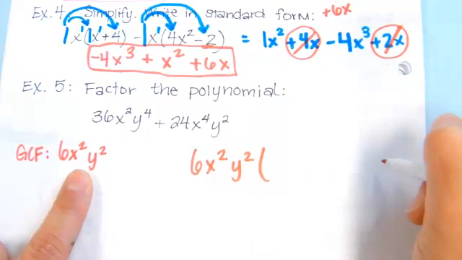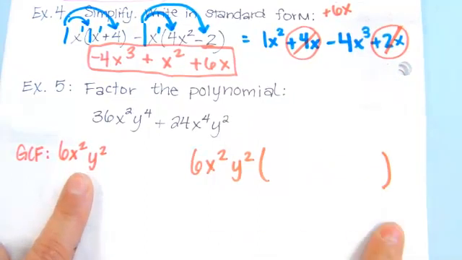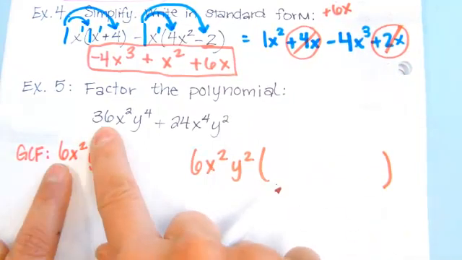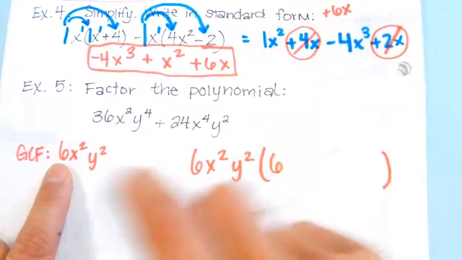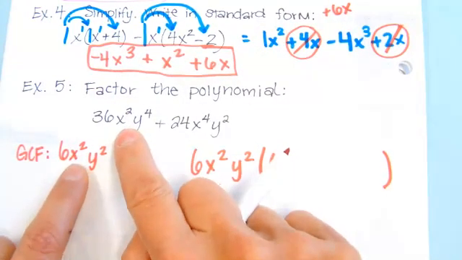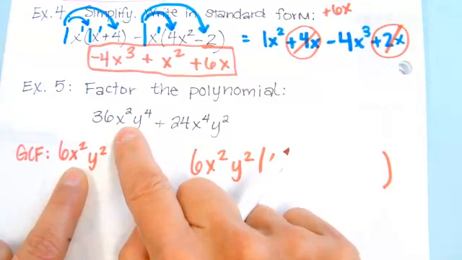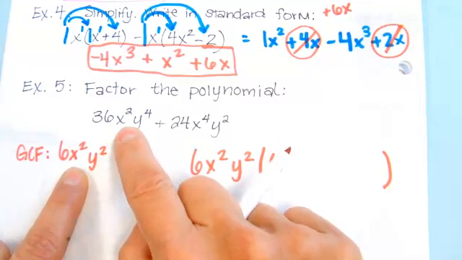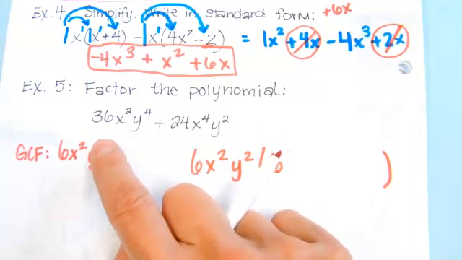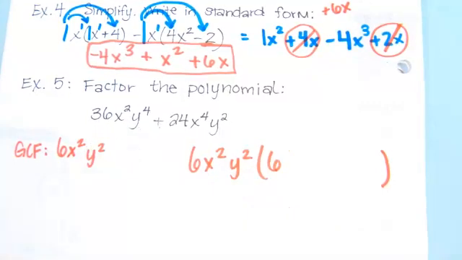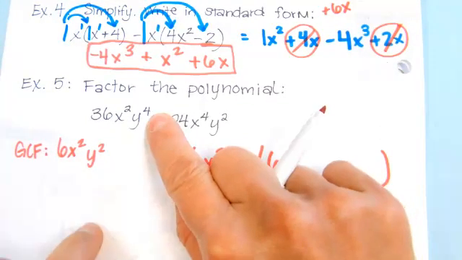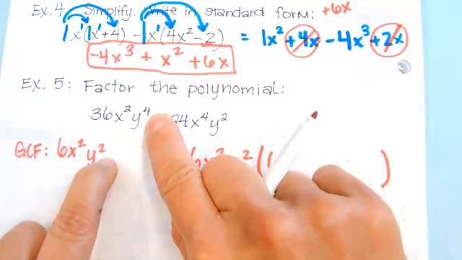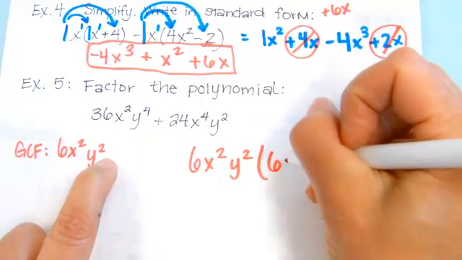Then we do a parentheses. If you divide 36 by 6, you get 6. If you take x squared out, what are you left with? 2 minus 2 is 0, so we have no x's left. 4 minus 2 for the y's is y to the second.